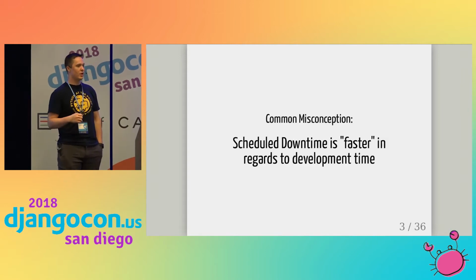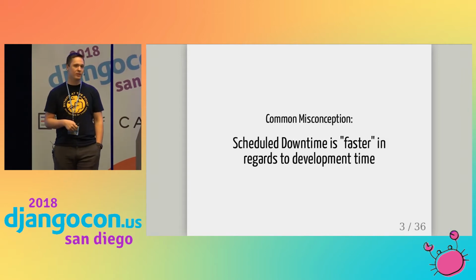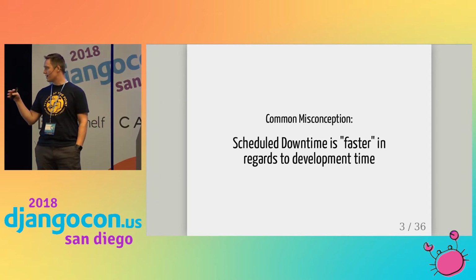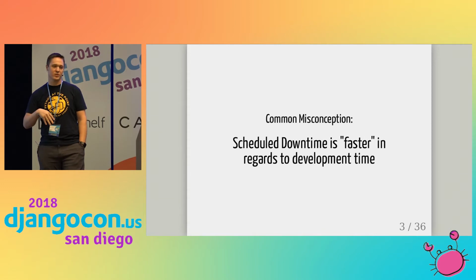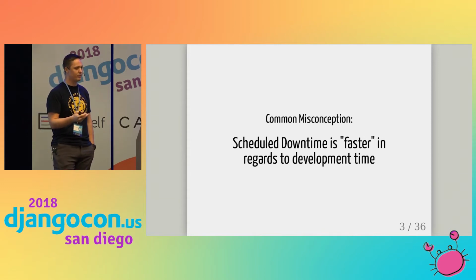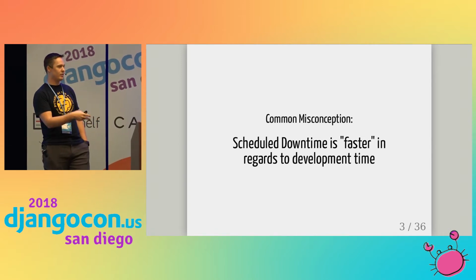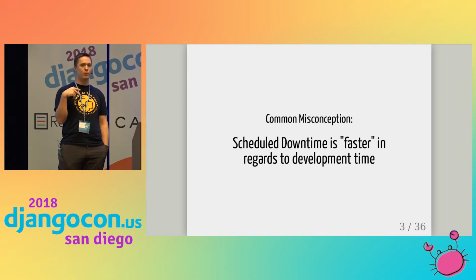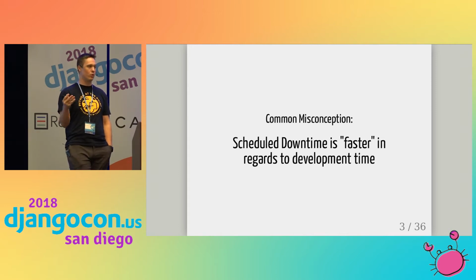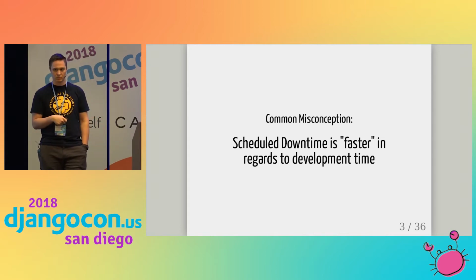I think there's also another reason why we have downtime, specifically maintenance windows. We teach ourselves that scheduling downtime is faster from a development point of view. We get into this habit because you think about what you would have to do to not have downtime while you deploy, and you usually come up with maybe a 2 or 3 or 4 week process.